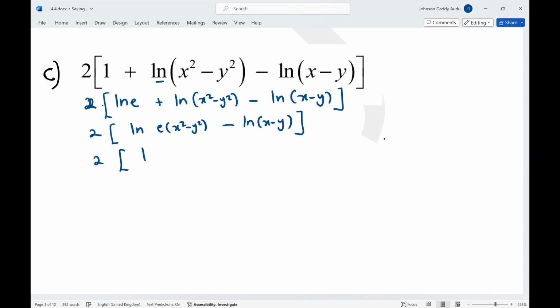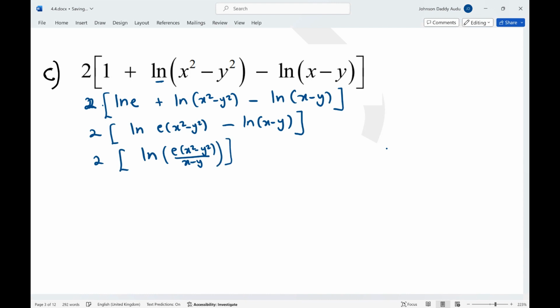So this now becomes ln of what? We can change subtraction into division. So this will become e x squared minus y squared over x minus y. All right.